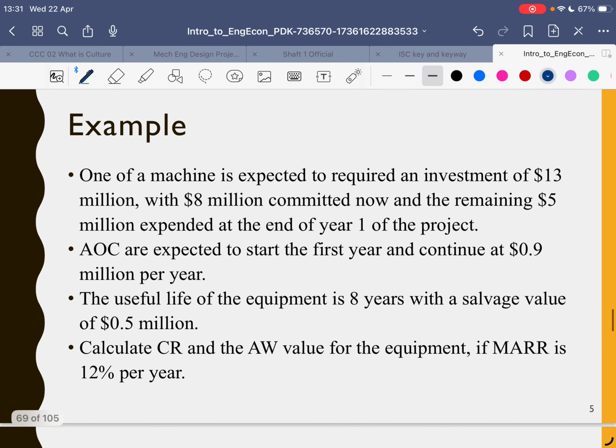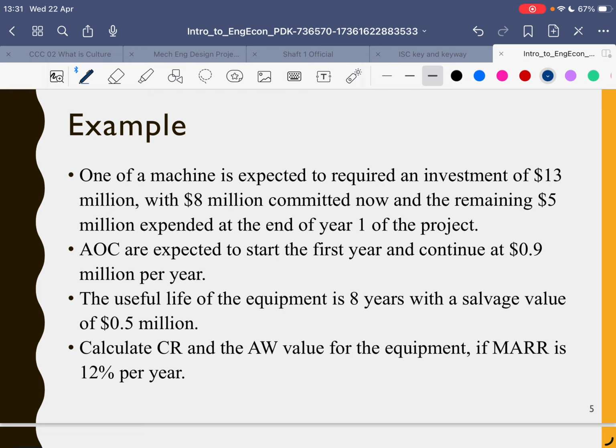One machine is expected to require an initial investment of $13 million, with $8 million committed now and the remaining $5 million expensed at the end of year one of the project.